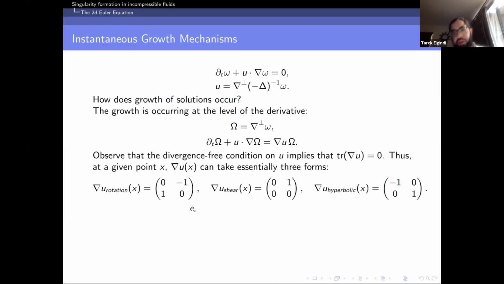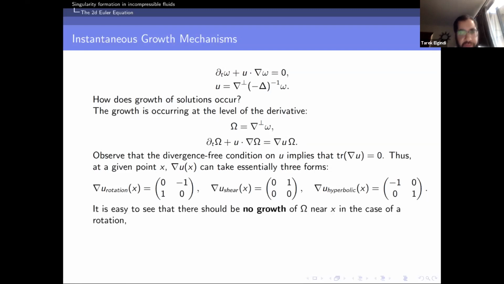Essentially, locally, if you're talking about growth, you can check in these 3 cases what happens. It's just caricaturing the situation a little bit. It's easy to see that if locally the gradient of u is just a rotation, there should be no growth of omega. In the second case, the shear case, you can get linear growth, so algebraic growth of high derivatives.